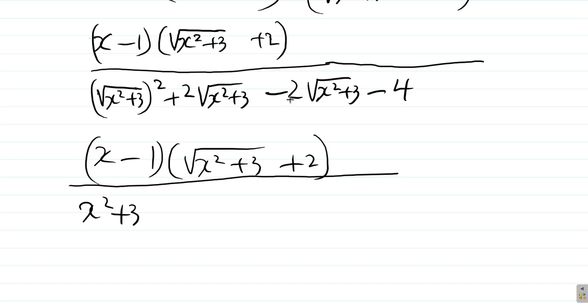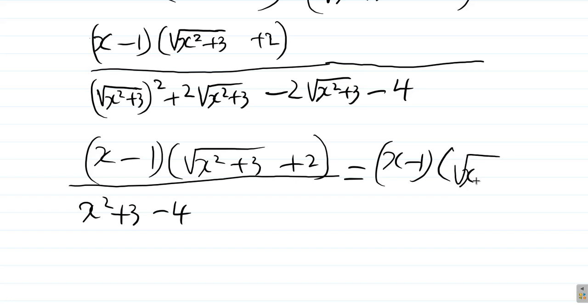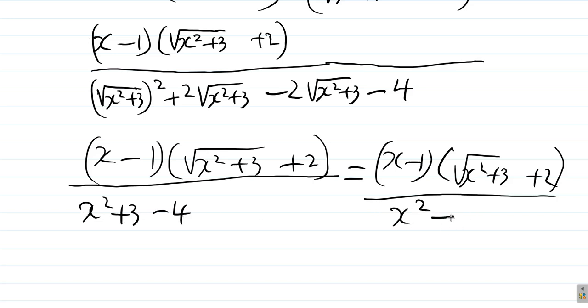Plus 2 square root of x squared plus 3 minus 2 square root of x squared plus 3. That is gone. See that? And minus 4. Now, what happens out here? This is equal to x minus 1 by the square root of x squared plus 3 plus 2 over. Look at this. This is x squared. 3 minus 4 is minus 1. Alright.